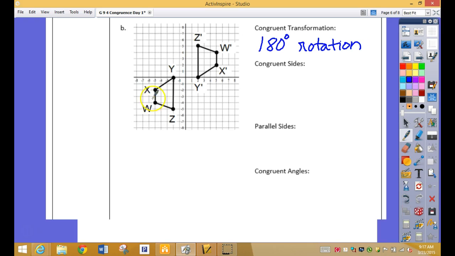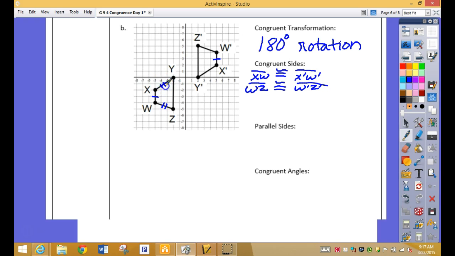Congruent sides. Side XW is congruent to what? X prime, W prime. WZ is congruent to W prime Z prime. All right.